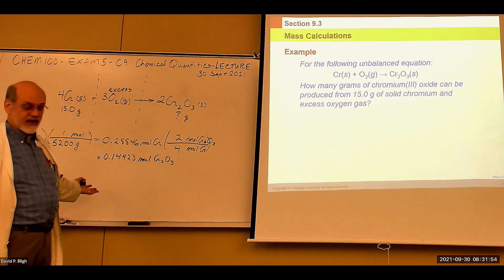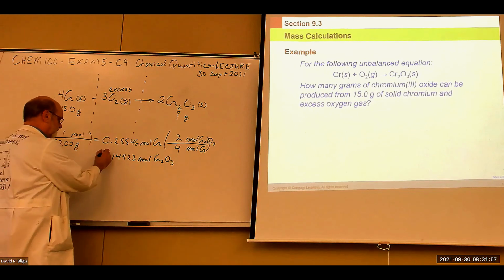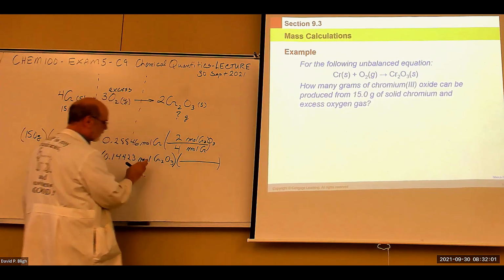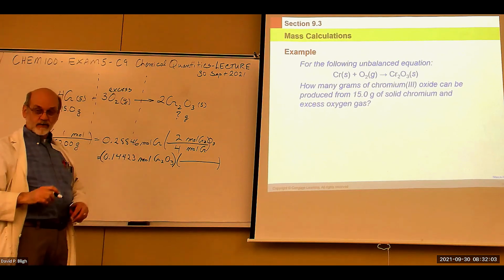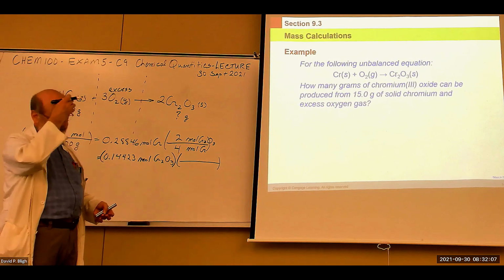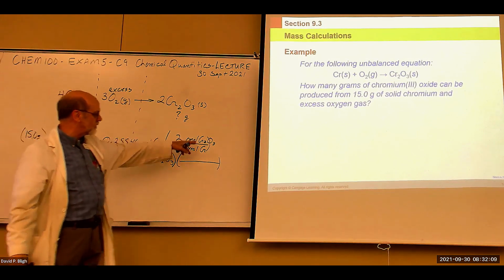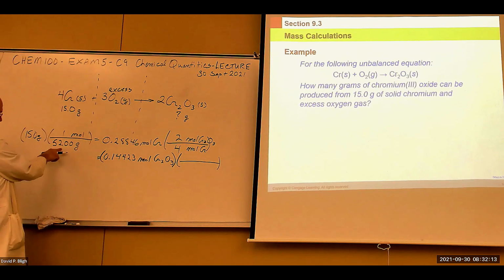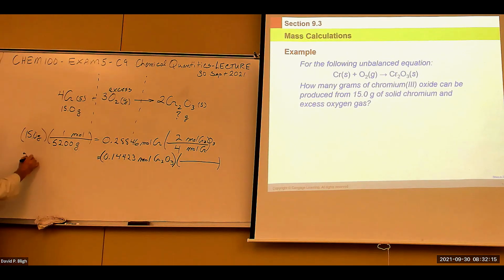How many grams do we have? We need another conversion factor. We're going from moles to grams. When you have moles and grams in the same sentence, think molar mass. So what's the molar mass of chromium 3 oxide? Well, we need 2 chromiums, right? We need 2 times 52, and then add to that 3 times oxygen.